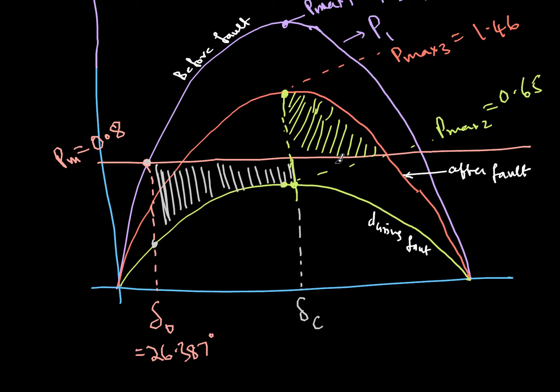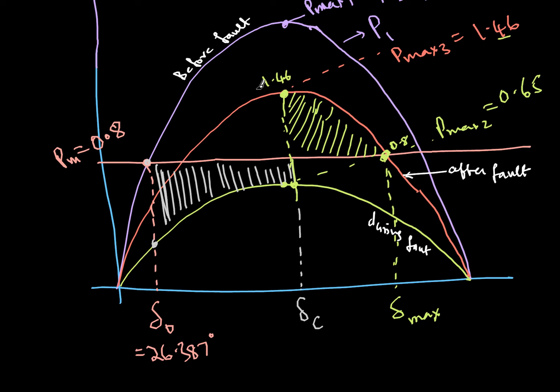And when these two areas are matching, maximum it will swing up to here. That is delta max. And then it will come back. Delta max I can actually find out. So how to find delta max? Because I know this curve, this is 0.8 and this point is 1.46.